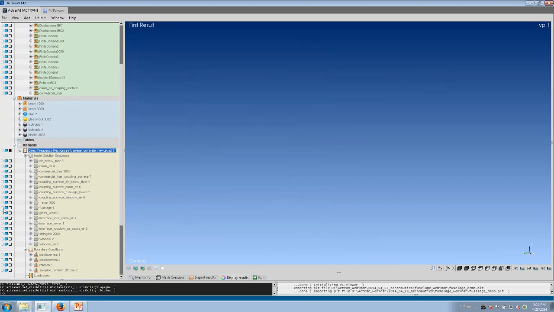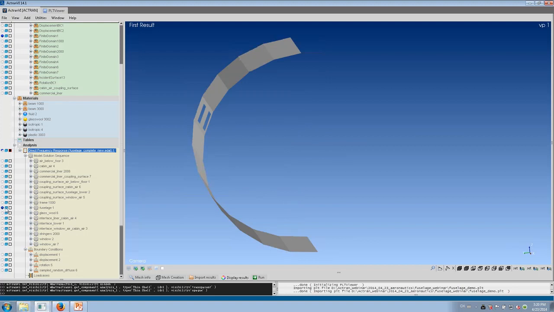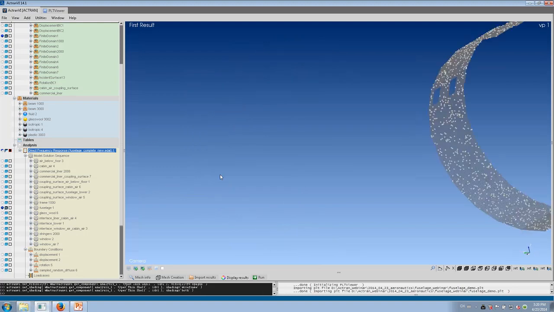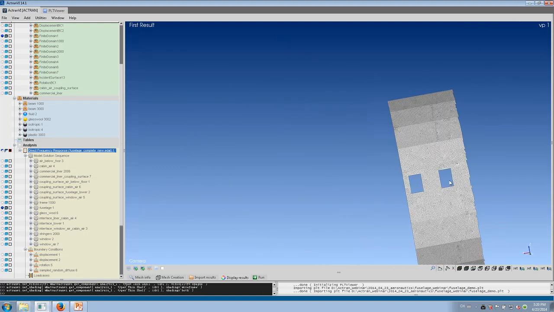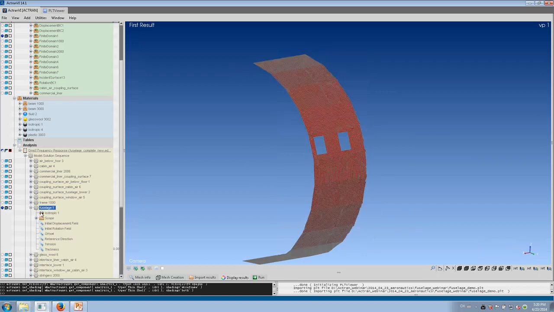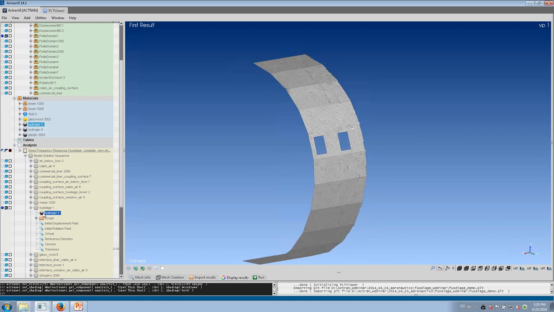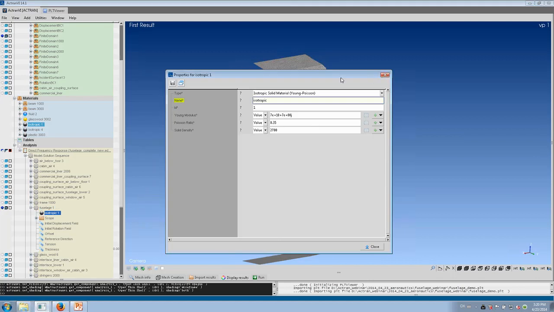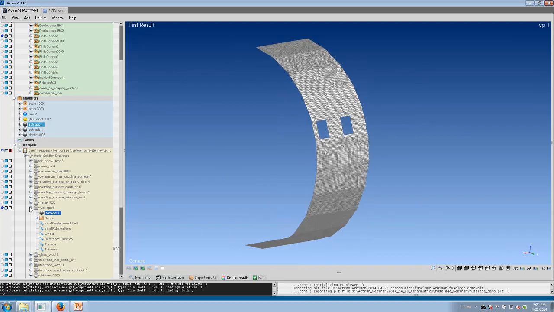The different components in this model include the fuselage, which is made using an isotropic material, the aluminum material, and the window.